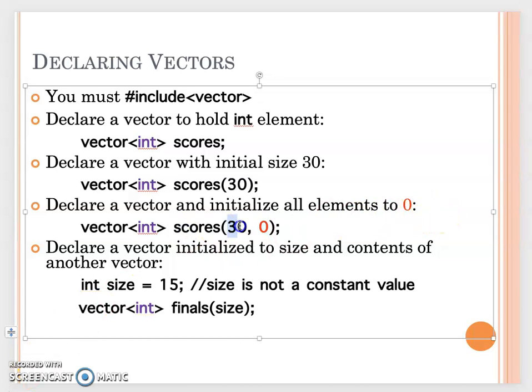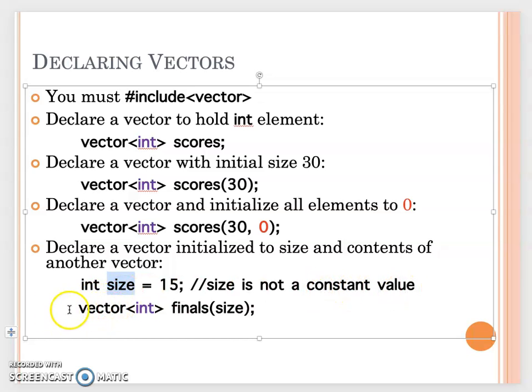You can specify the size as a literal value, or you can declare the size as a variable. For example, here I have a size variable equal to 15. Did you see the size here? I'm using lowercase, so the size is not a constant variable.